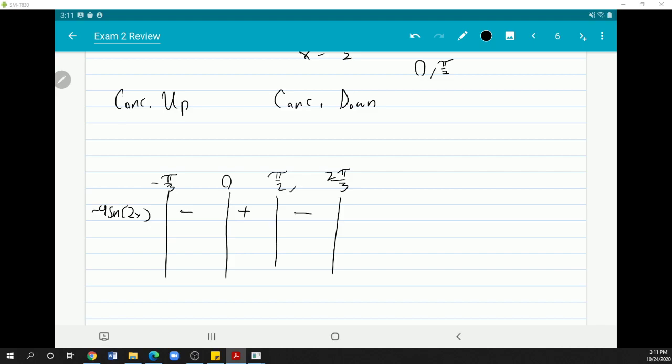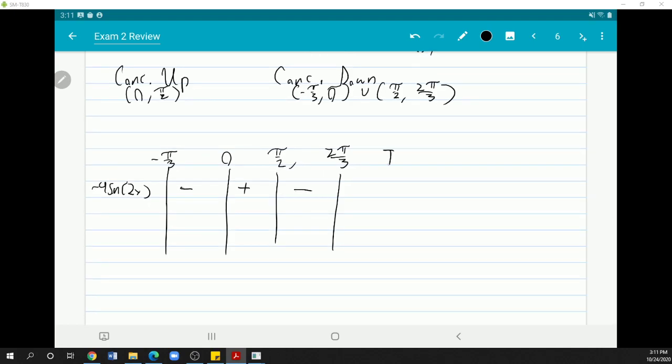So it's concave up from minus pi over 3 to 0, together with pi over 2 to 2 pi over 3, and concave down from 0 to pi over 2. And finally, where are the inflection points? That's where the concavity changes.